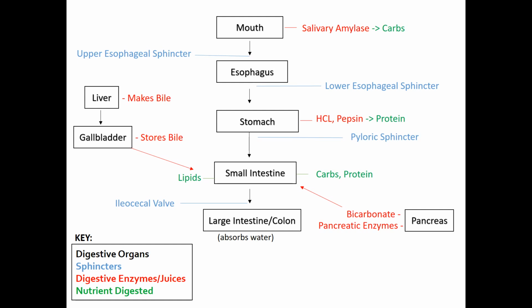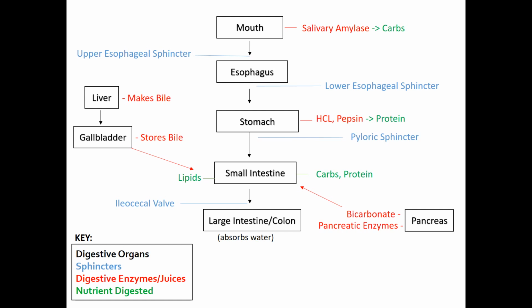So we have HCl, the acid, coming in from the stomach into the small intestine, but because we already have bicarbonate being released into the small intestine, it is not going to get burned by the acid. So the bicarbonate is first released into the small intestine, which makes the pH of the small intestine basic.